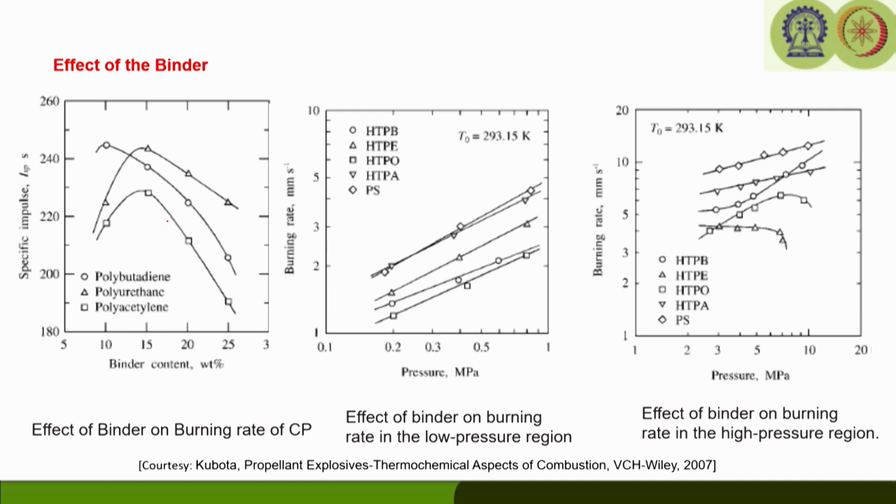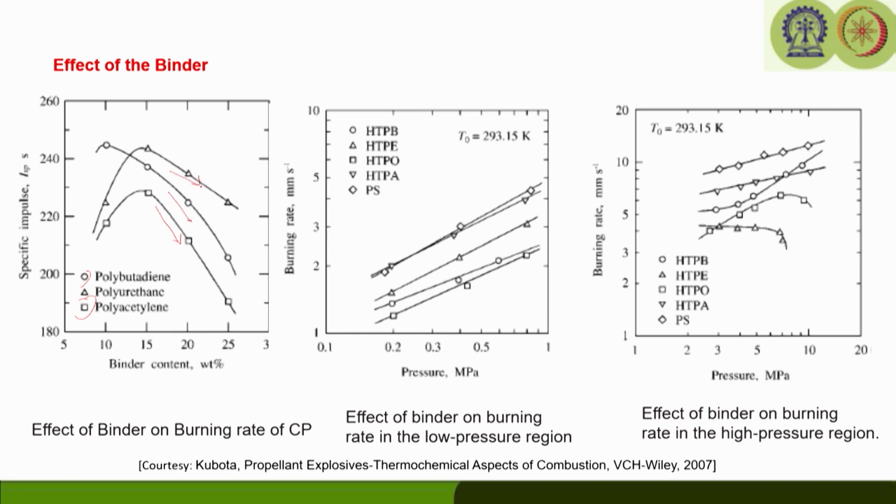So, it is maintained. However, for other cases like polybutadiene, which is the circle one, and the polyacetylene, they are actually dropping for higher mass fraction of the binder. This is the binder content. After 15% or so they show a dropping nature, but it does not drop that sharply.